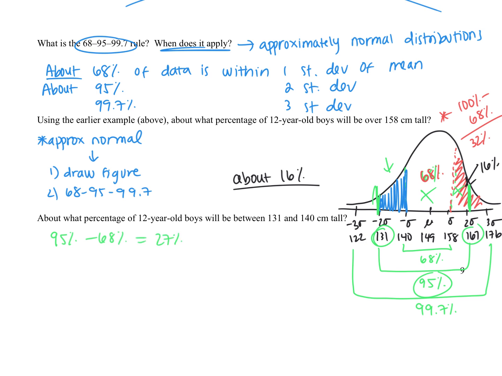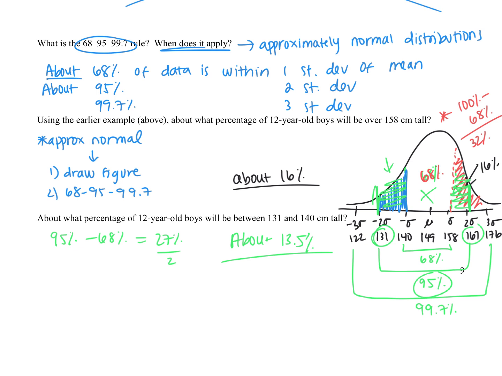That 27% is this tail and this tail together. So you're going to have to visualize that. You're taking the 95%, so you're taking all of this, but subtracting the 68, leaving just these parts on the side. Because we want only one side, you're going to divide that by 2. So about 13.5%. And note here, I'm giving my answer as a percent because I'm asked for a percent.